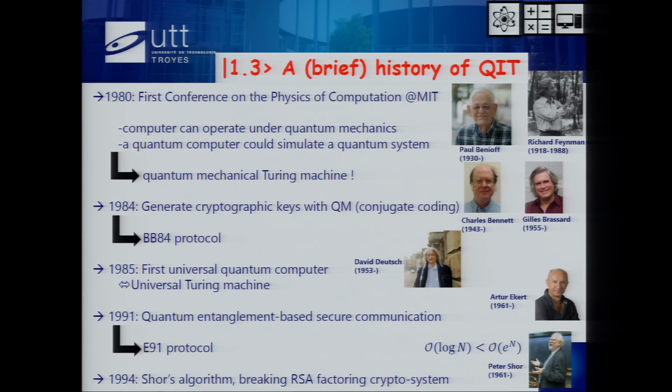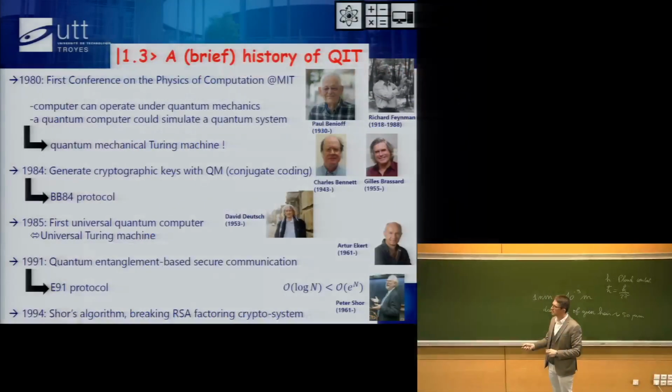Another aspect that was very important, and still is these days in terms of application, because it's probably the far more advanced application, was in 1984 by these two gentlemen, Charles Bennett and Gilles Brassard, who came up with the so-called BB84 protocol, BB for Bennett and Brassard, and 84 for 1984. This protocol was about how we can generate cryptography keys using quantum mechanics, and the notion of conjugate coding that was known in classical physics, classical computation.